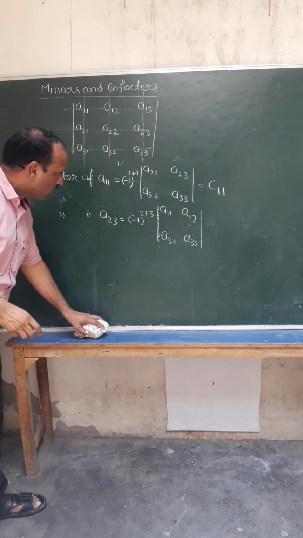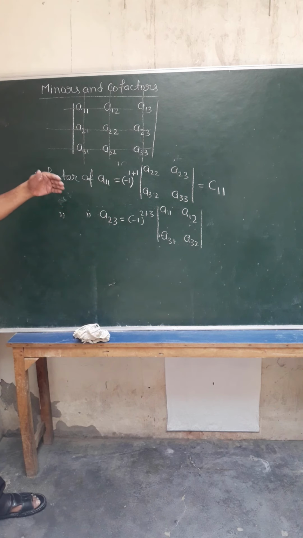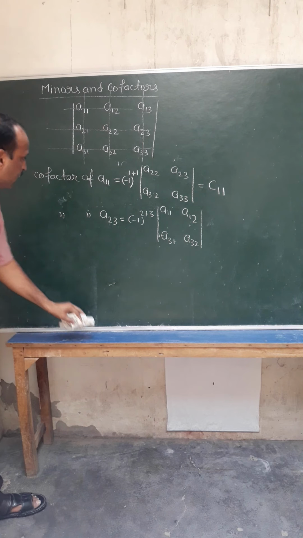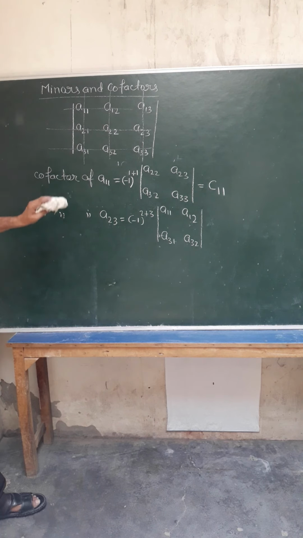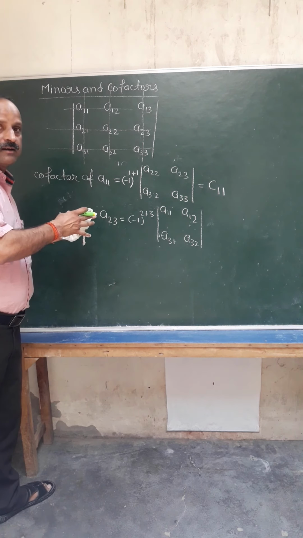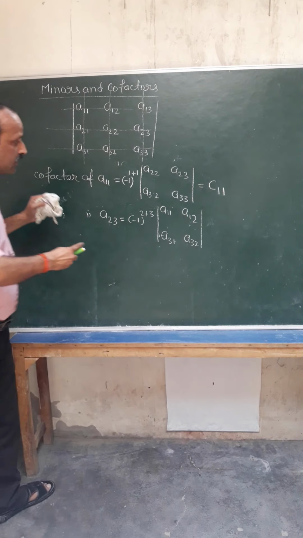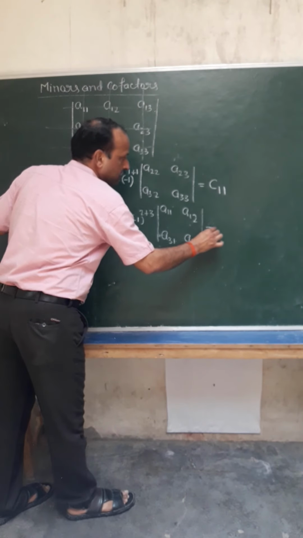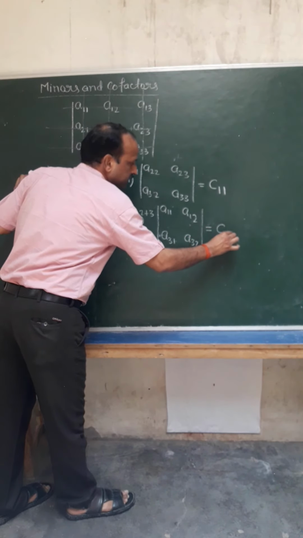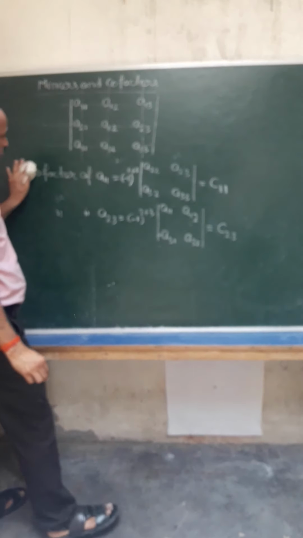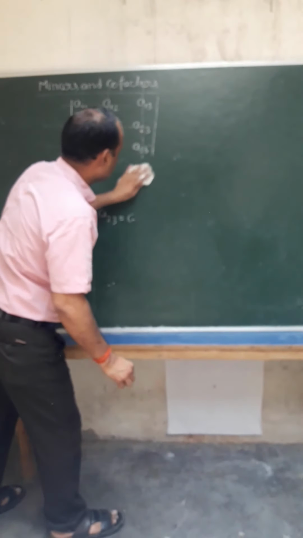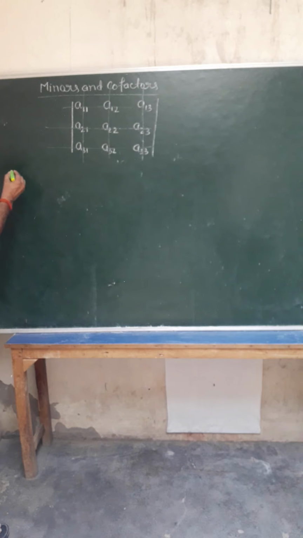Now, as I told you earlier, how to find the value of a determinant, again I am going to write the value of the determinant using cofactors. Look here, it is A23, so this is the cofactor C23. Now I am going to write again the value of this determinant.